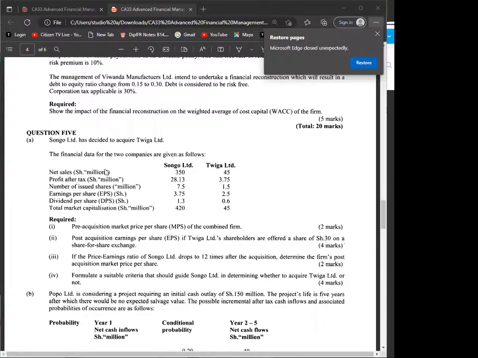We have the net sales, the profit after tax, the number of issued shares, earnings per share, dividends per share, and total market capitalization. And then number 1, they want us to give the pre-acquisition market price per share of the combined firm. Quite confusing. It's pre-acquisition, but for the combined firm.